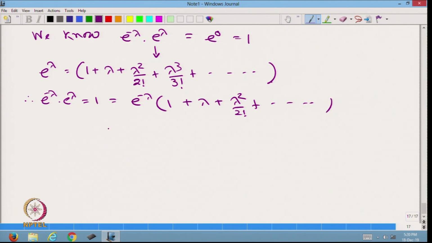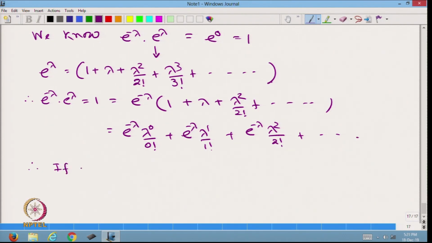Therefore, we are writing it as e to the power minus lambda lambda power 0 upon factorial 0, plus e to the power minus lambda lambda power 1 upon factorial 1, plus e to the power minus lambda lambda square upon factorial 2, like that.